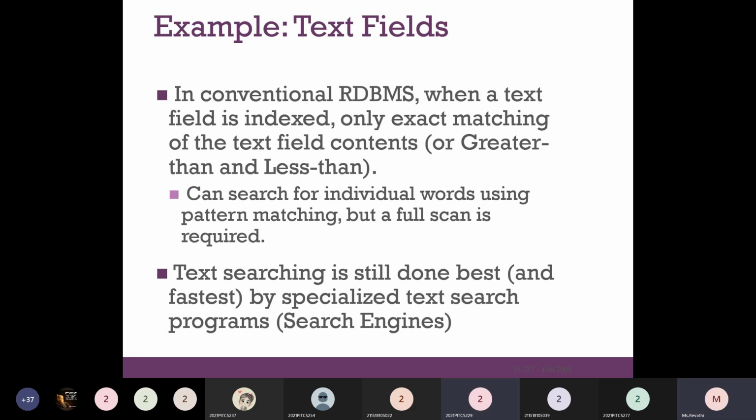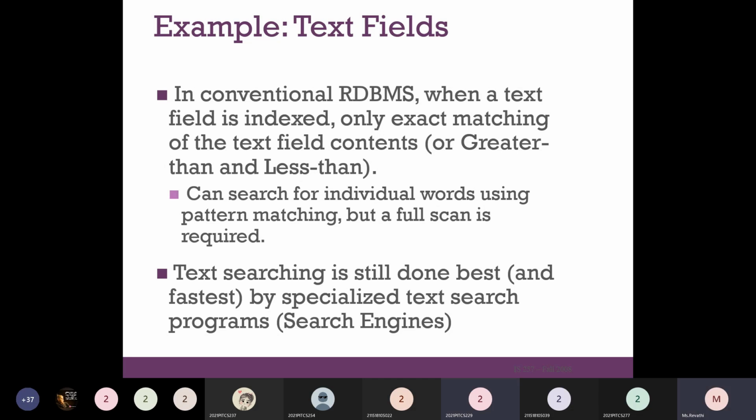Here, consider the text field as an example. In a conventional RDBMS, when a text field is indexed, only exact matching of the text field contents, or greater than and less than, would be retrieved. Can we search for individual words using pattern matching? To search for individual words, we need a complete scan.